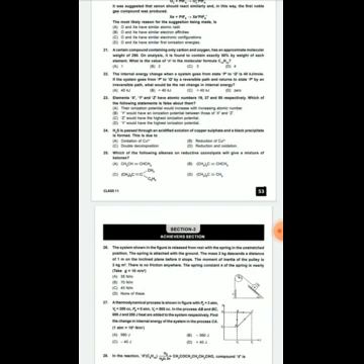Option D, (CH3)2C=CH2. So the alkene that gives a mixture of ketones will be option C, (CH3)2C=C(CH3)C2H5.